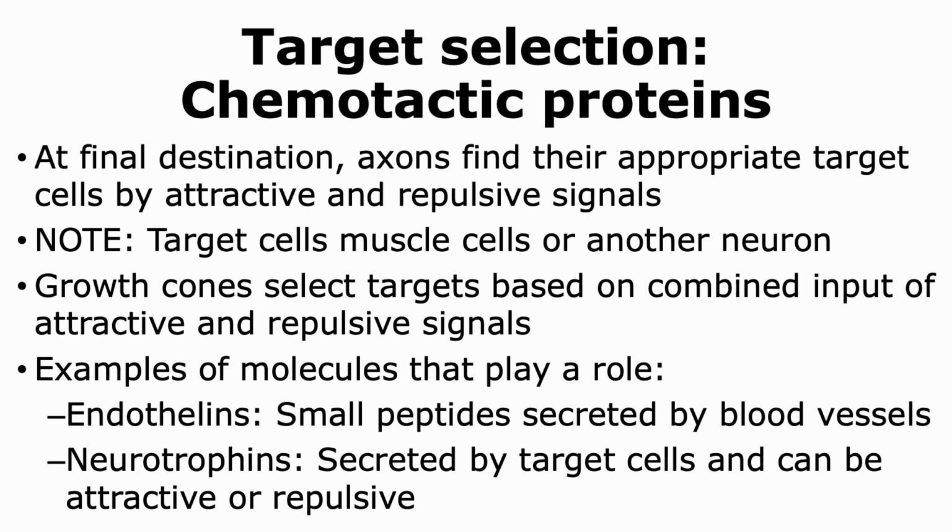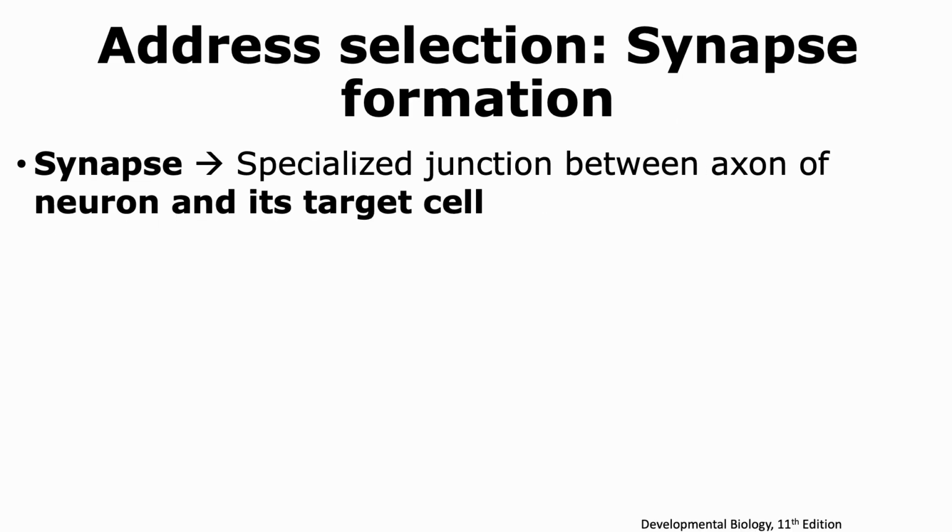These are molecules secreted by target cells that could be attractive or repulsive depending on the kind of neuron and the kind of target cell. So thus, this way, the axon is able to find its final destination through the chemotactic proteins that are made by the target cells.